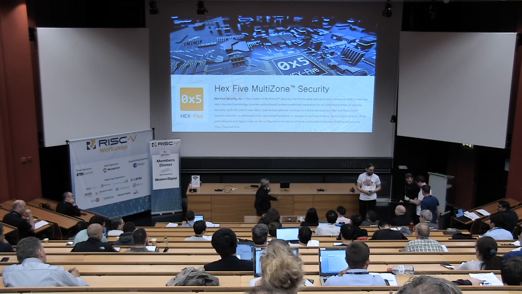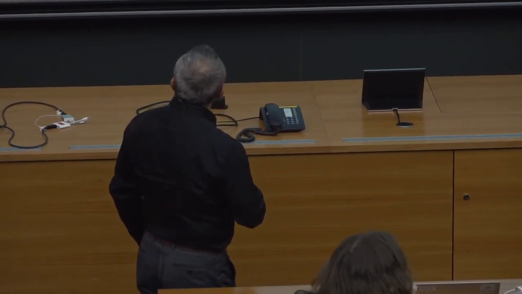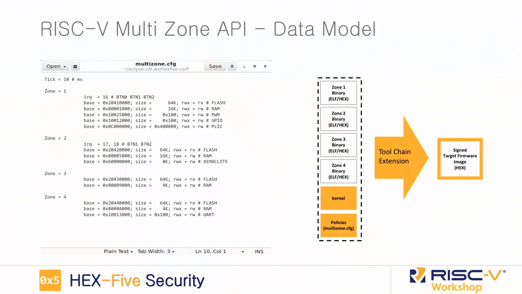Okay, that's a good question. Thank you. In a very simple way, all you have to do is tell the scheduler what the tick time is. Don't get confused, it's not that the system gets stuck for 10 milliseconds for every zone. It's not like that. That's your safety valve, right?